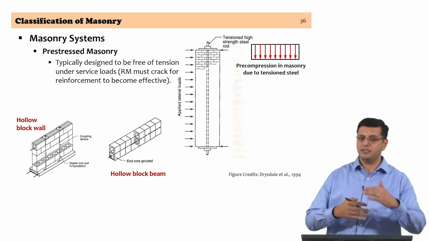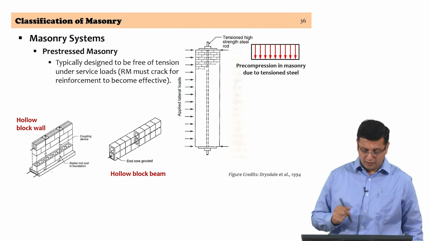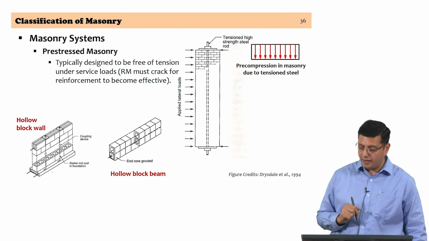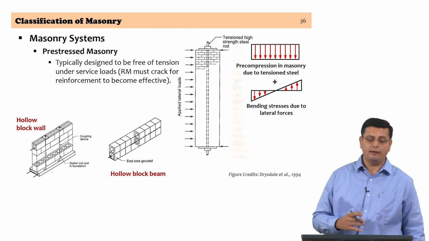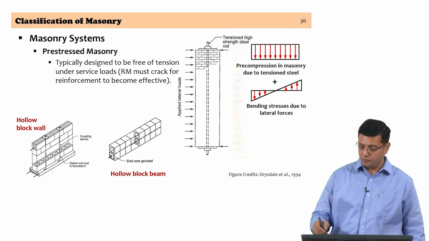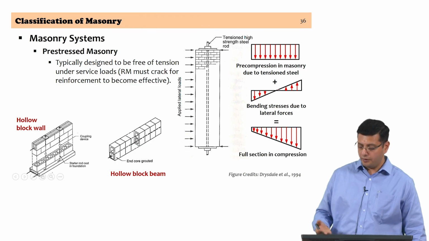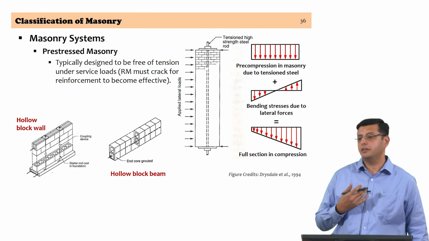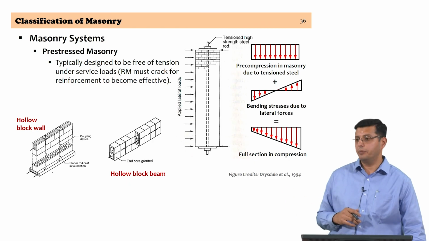So, the cross section is already in uniform compression because of your tensioned bar, and then when you get bending forces due to lateral action, you should get tension in the cross section, but because you already have a pre-compressed wall, the net tension is no longer present in the cross section. You have the full section which is in compression.